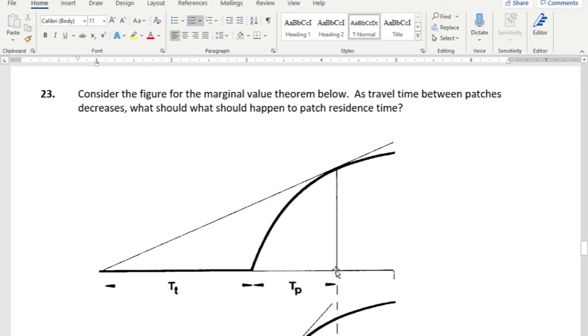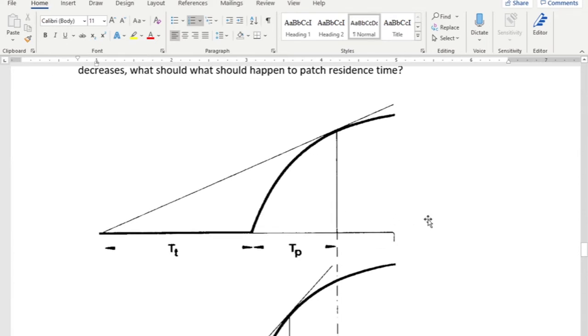T sub p is the patch occupancy time. And when you should leave is determined by the point that you start traveling to the patch, and then you draw the tangent line to that economic return curve like that, and where that tangent intersects is going to determine your patch occupancy time.